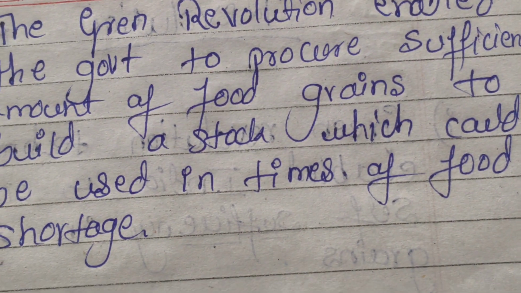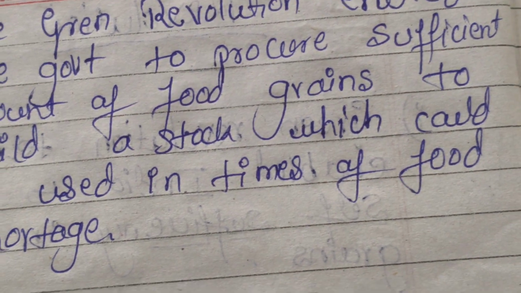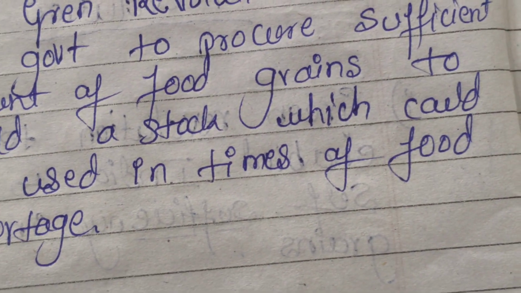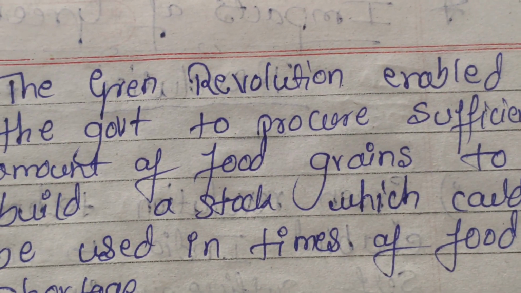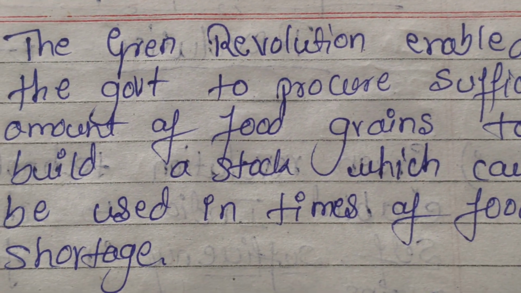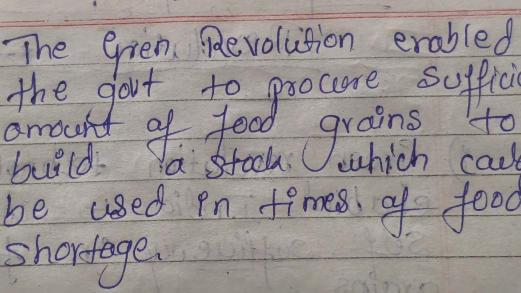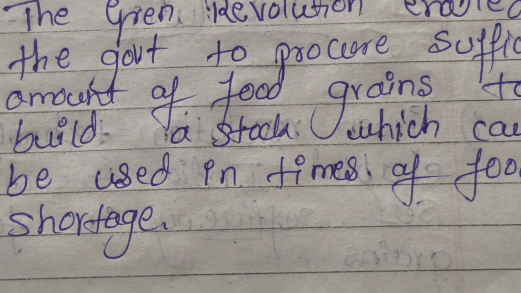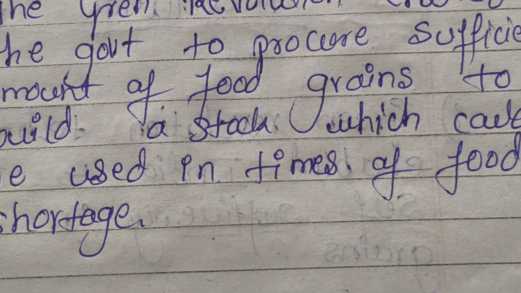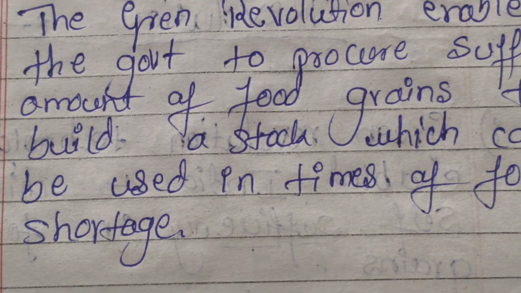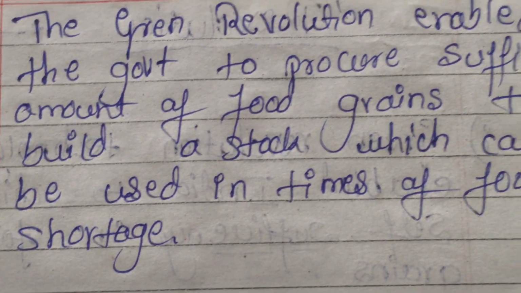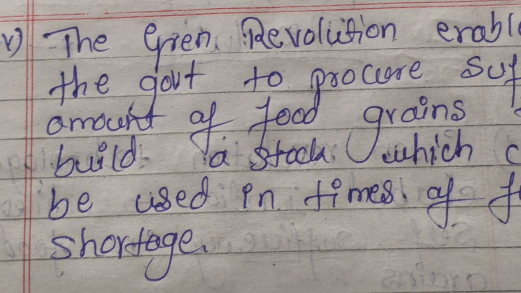Yes, this is a very important and positive impact on India. Shortages may occur during floods, tsunamis, earthquakes, or other natural hazards. After the green revolution, the stock that India built is useful at the time of food shortage. So these are all positive impacts of the green revolution in India.